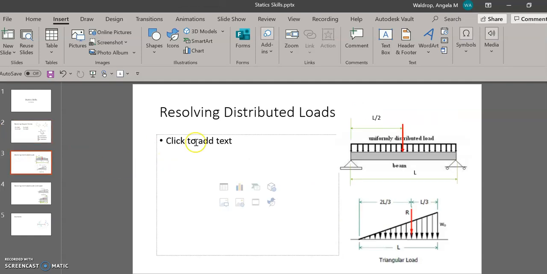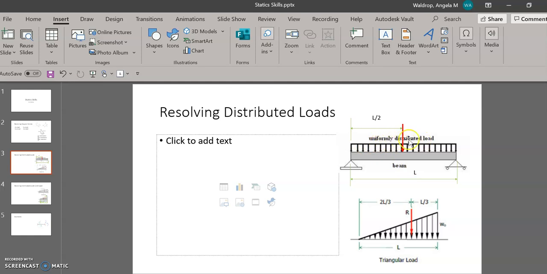Now the second item that we're going to talk about is resolving distributed loads. A distributed load is a load that has many arrows down, and this one here is a uniformly distributed load, and this one is a triangular load. The uniformly distributed load exerts the same amount of force for every meter or every foot along the beam. So what we need to do is break this rectangle down into a single arrow. I've got a little bit of a formula here for you.